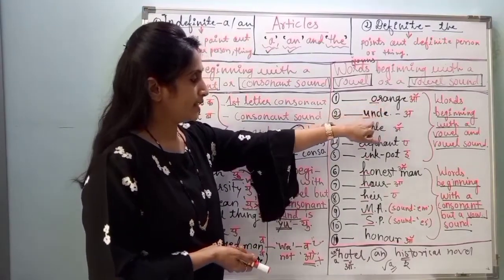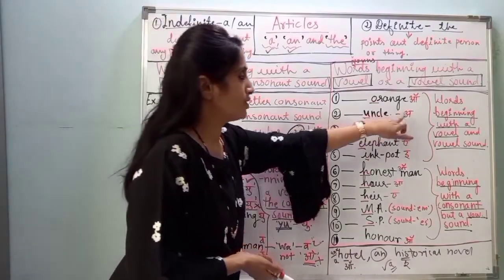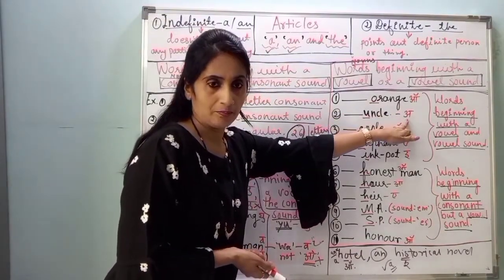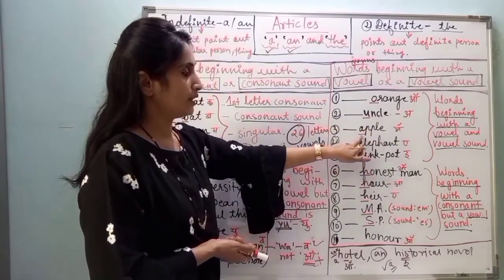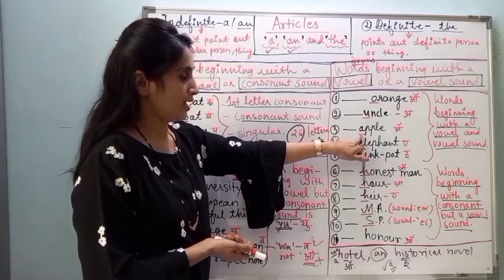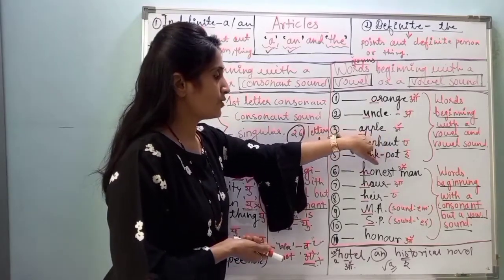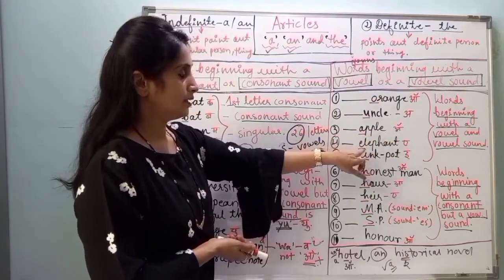Second word begins with a letter U and the sound here is O. Okay, we say uncle. Then the third word begins with a letter A and the sound here is A. Apple.